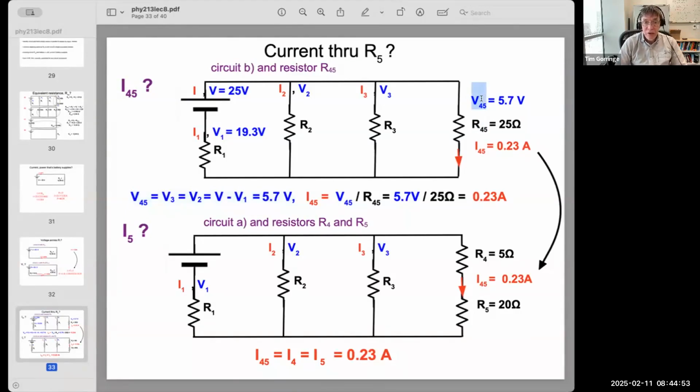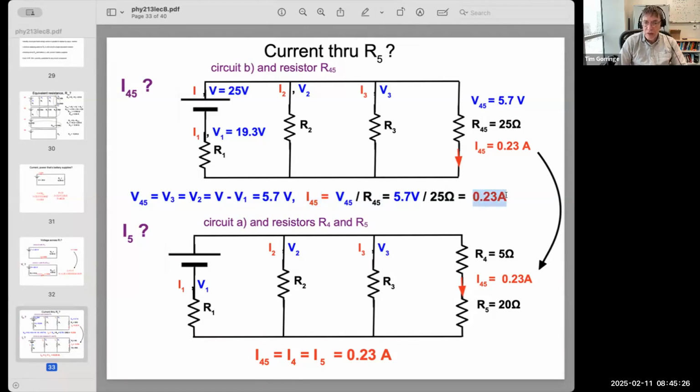Well, then, if you know the voltage across a resistor, and you know the resistance of the resistor, it's easy with Ohm's law to find the current through the resistor. The current, according to Ohm's law, is the voltage divided by the resistance. So it's the voltage across R45 divided by the resistance of R45 that will give us the current through R45. And so it's 5.7 volts divided by 25 ohms.